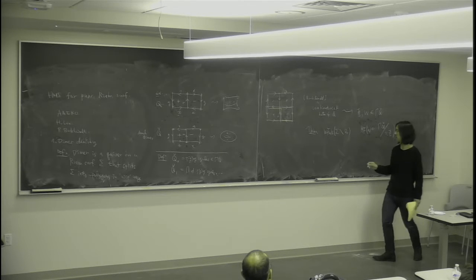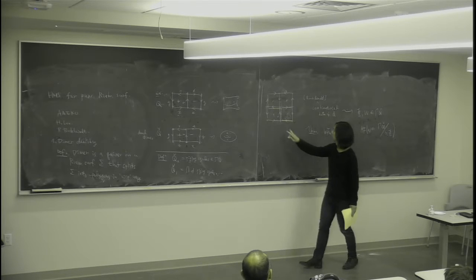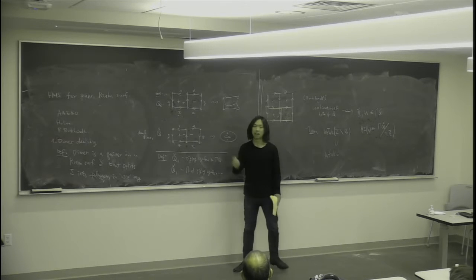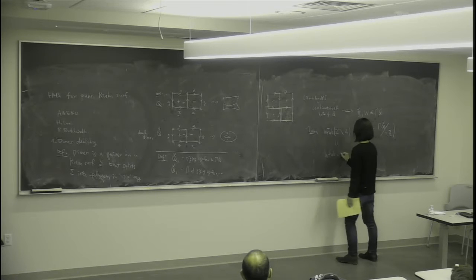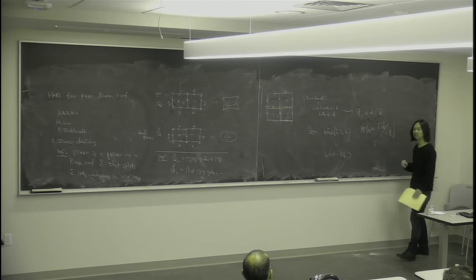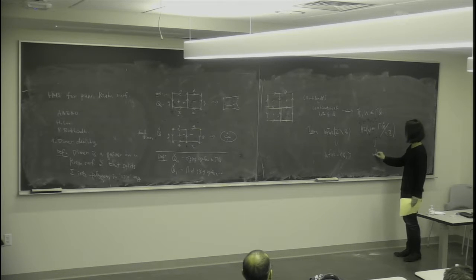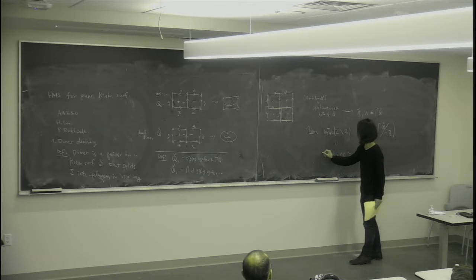So he picked up some small subcategory here called small f, generated by arrows of this dimer, which are non-compact. And here he also picked up a very small set of objects, called it small n, and then derived it.